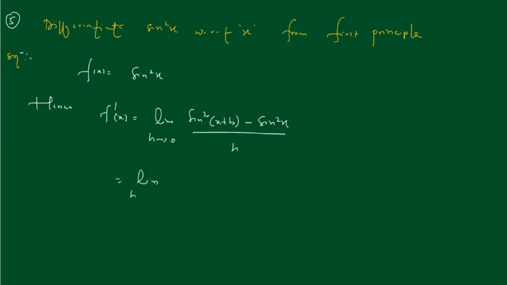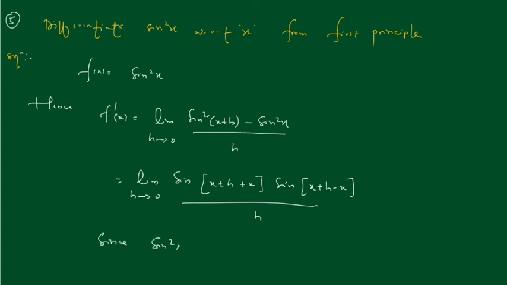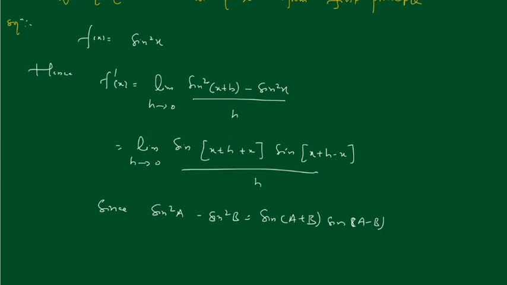So limit h tends to 0, (sine of (x plus h) plus x) (sine of (x plus h) minus x) divided by h, since sine square a minus sine square b is equal to sine (a plus b) sine (a minus b). So we can write it here.